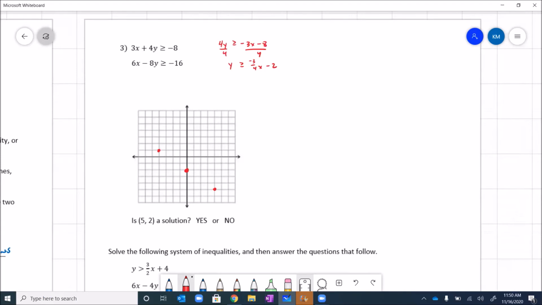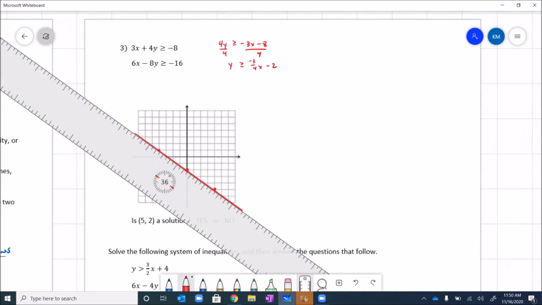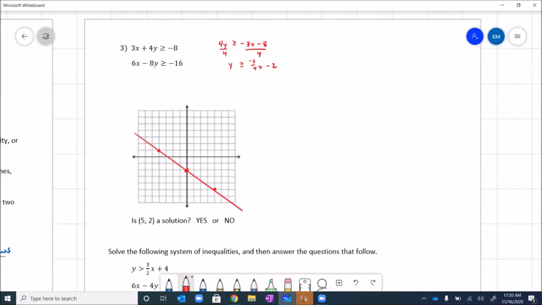Should be a solid line because it's or equal to. Okay, and then it's shaded above. And I'm going to be really sparse with that just so I can tell what I'm doing afterwards.